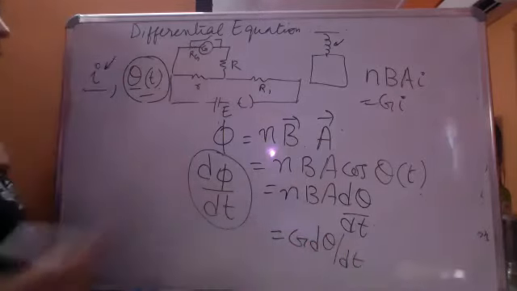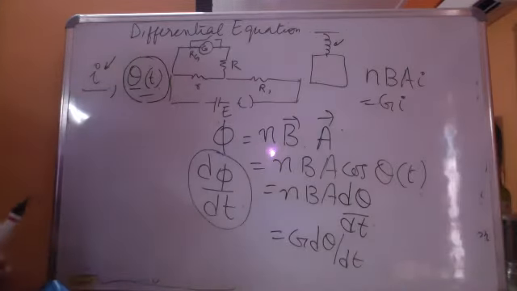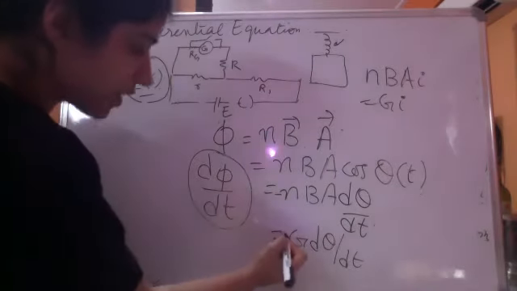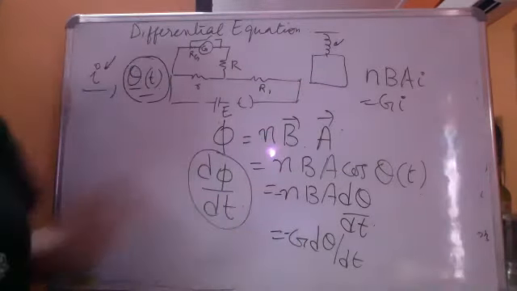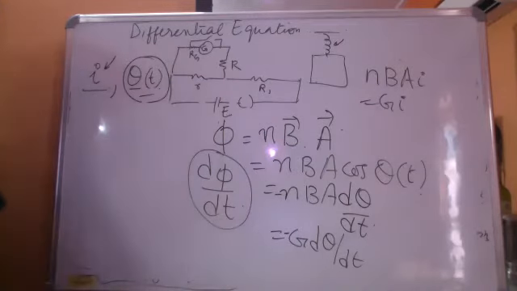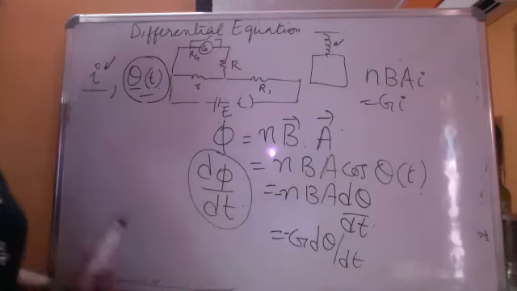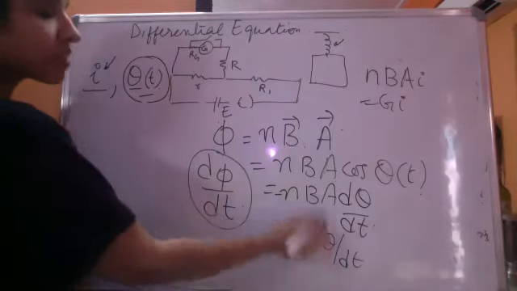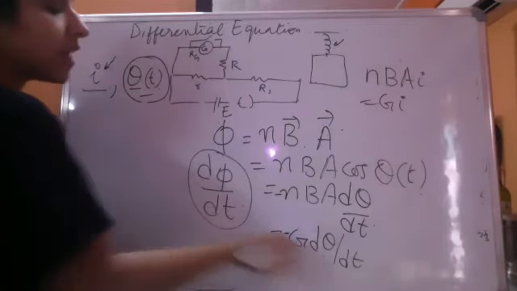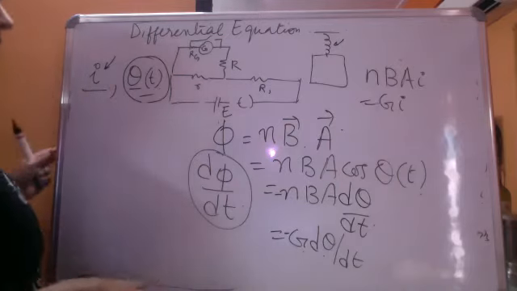And this induced EMF will be such that it's going to oppose. There's a minus sign here. So there's an induced EMF which is equal to minus g d theta by dt. Sorry, I missed out that minus sign when I took the derivative. That's one thing. Second thing.